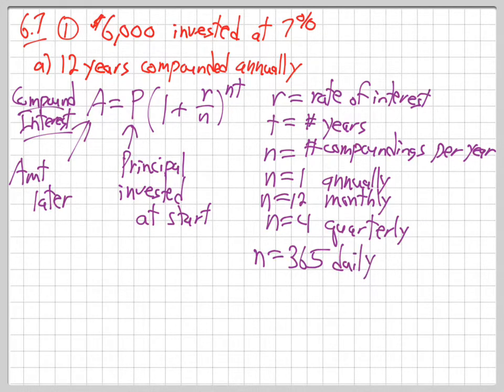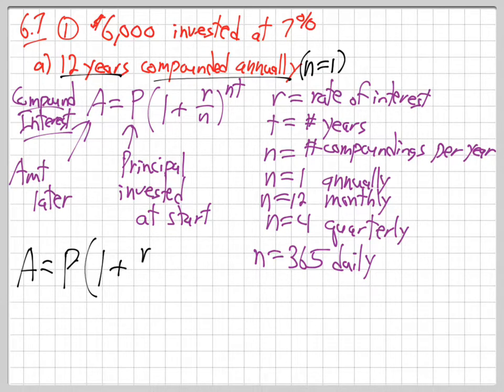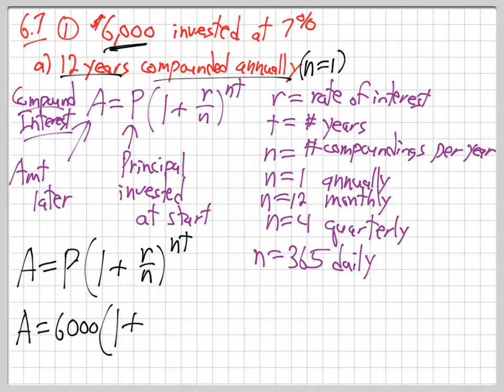All right, so let's do this problem then. This one we're working on is 12 years compounded annually. So annually means N equals 1. We're going to use the formula A equals P times (1 plus R over N) to the NT. $6,000 is invested. That's the principal. So the amount will be 6,000 times (1 plus R over N).